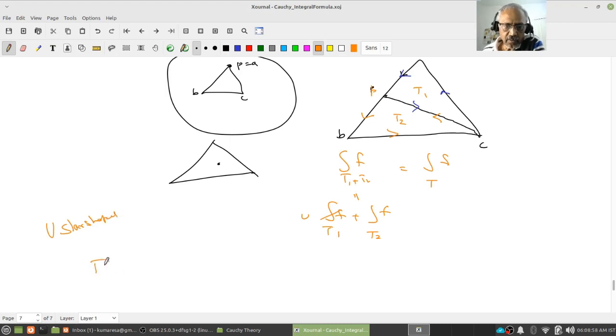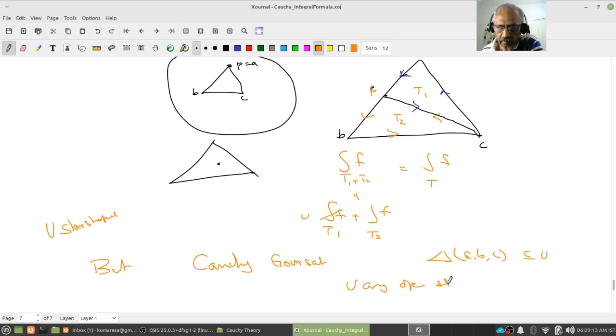But if it is Cauchy Goursat, I want only the triangle ABC, the solid triangle, to be contained in U. That's the only condition. U is any open set, and if f is holomorphic from here to here, the integral of f over t is 0. Alright.